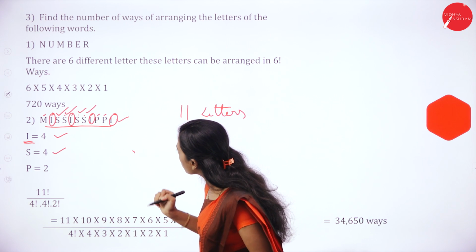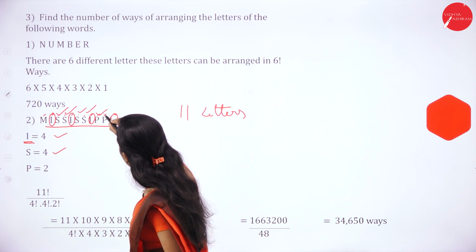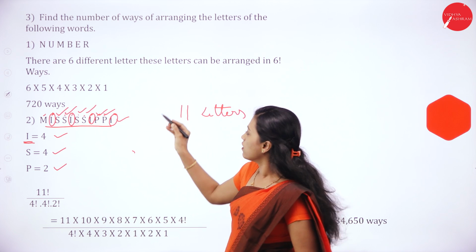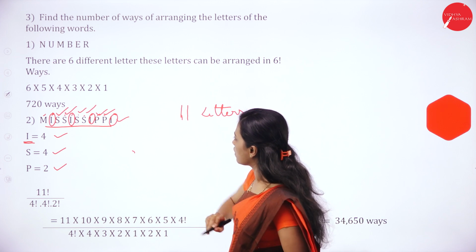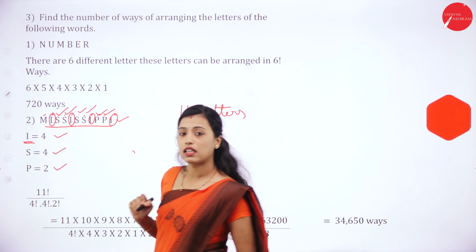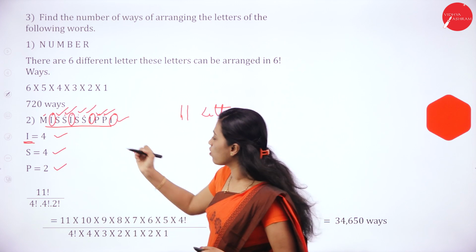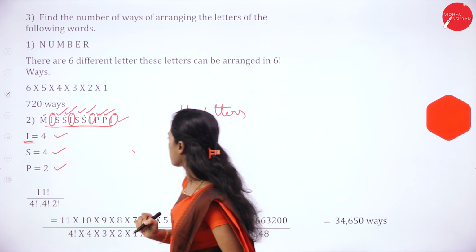Is there any other repeated letter? Yes, P is repeated for 2 times. So P is equal to 2 here. There are totally 11 letters. Out of 11 letters, letter I is repeated for 4 times, letter S is repeated for 4 times, and letter P is repeated for 2 times.